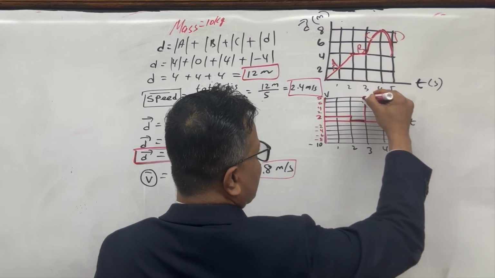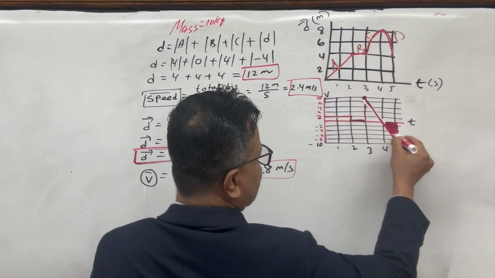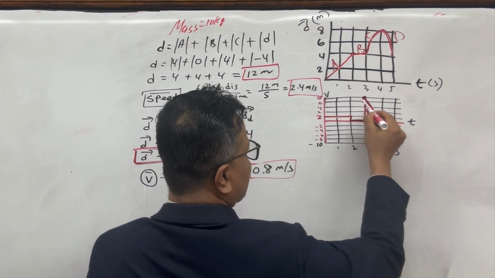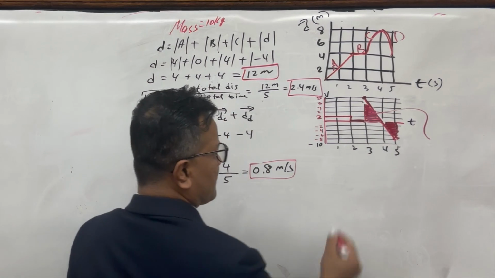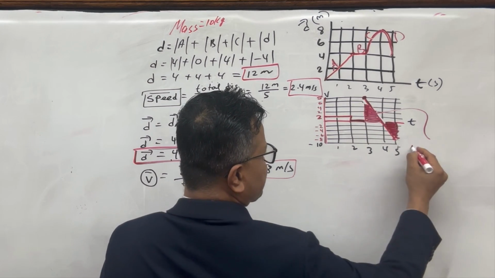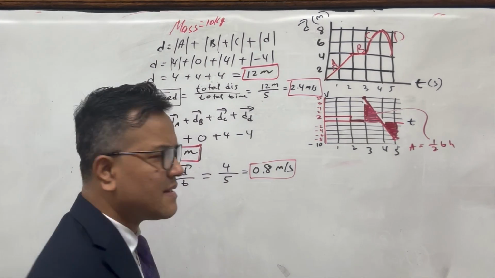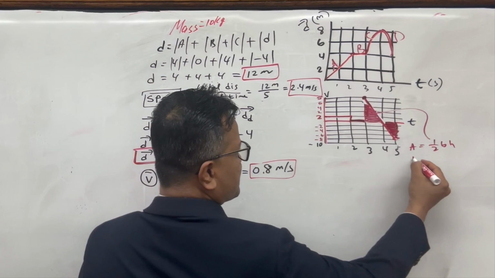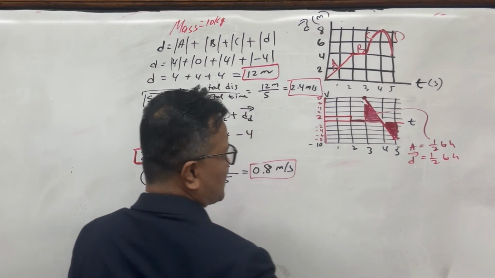Okay. All right. So we have this area and this area. So what is this area? This area is A equals half BH, right? So what is A? A is the displacement, half BH, right?